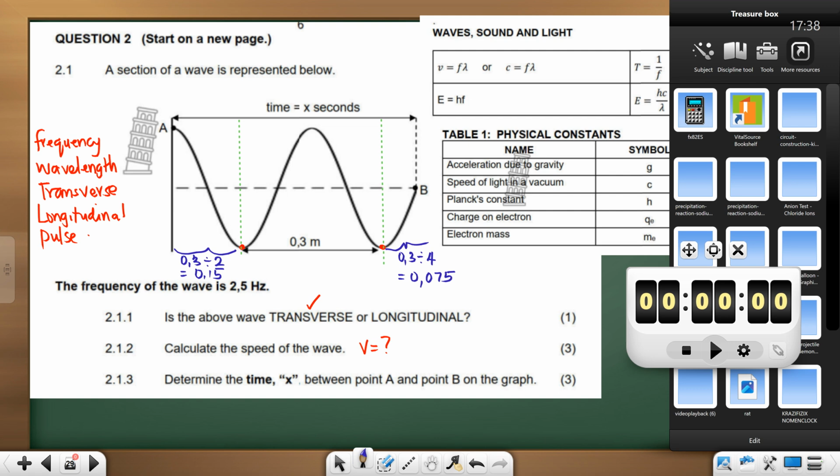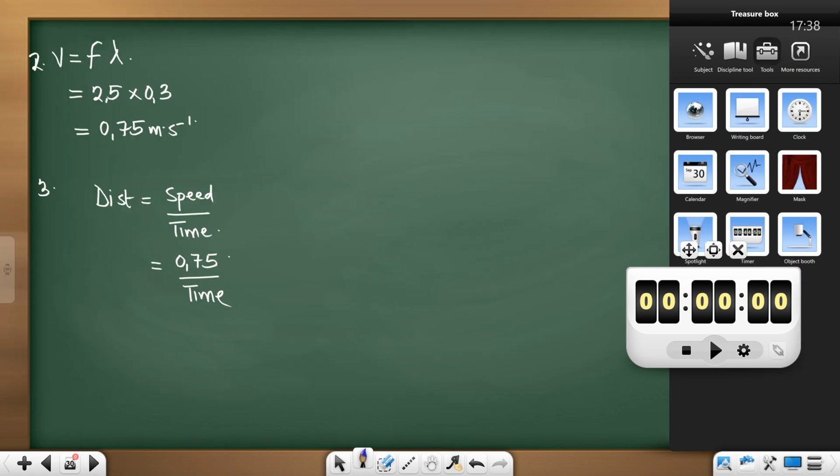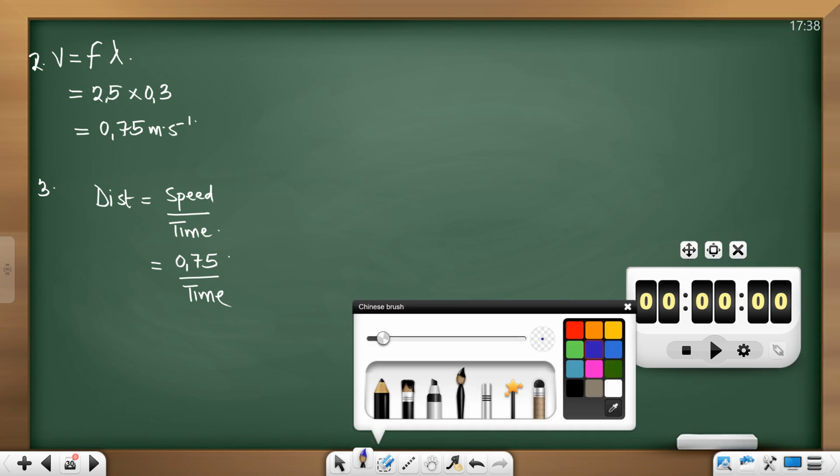Oh, so what is my total distance? 0,15 plus 0,3 plus 0,075. What's that giving us? 0,525. Oh, sweet. Then we are done.